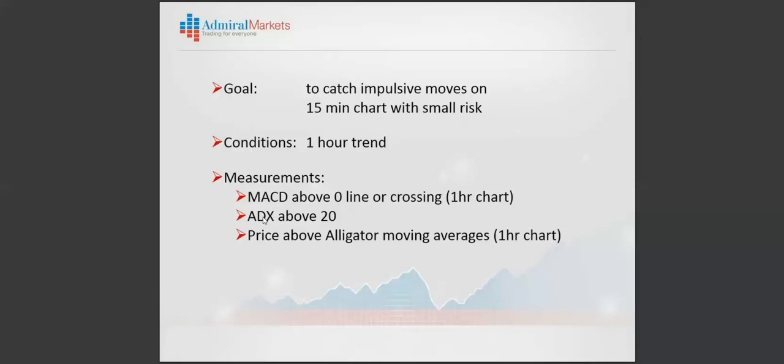So it doesn't give a directional bias, but it indicates what kind of strength is behind the price action. So that's pretty cool because it gives you a different angle of price, and it gives you a different way of reading momentum.